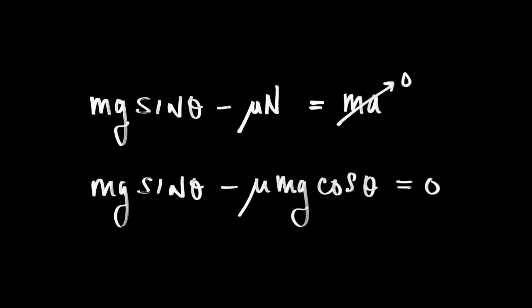I'll replace the lowercase f with mu, the coefficient of friction, multiplied by the normal force. I make that replacement because I know that the lowercase f for friction is equal to the coefficient of friction mu multiplied by the normal force. So mg sine theta minus mu times n is equal to the mass times the acceleration. Notice that I dropped the parallel notation.